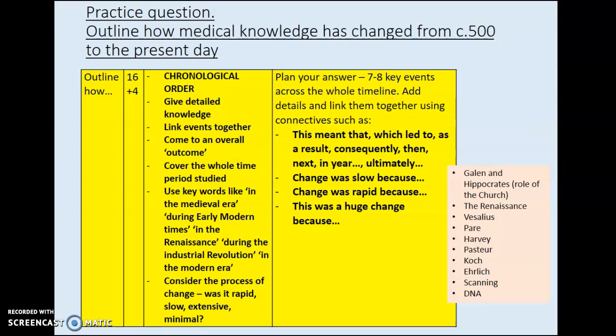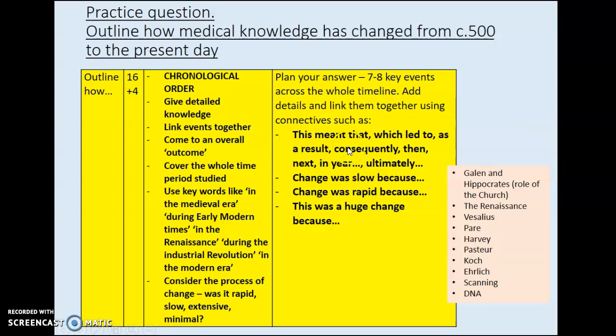The practice question I want to complete today is to outline how medical knowledge has changed from circa 500 to the present day. We have done a version of this class previously, and this is a 16-mark question. In this question, you need to give detailed knowledge in chronological order of the events of how medical knowledge has developed over time, making sure you show an awareness of change.